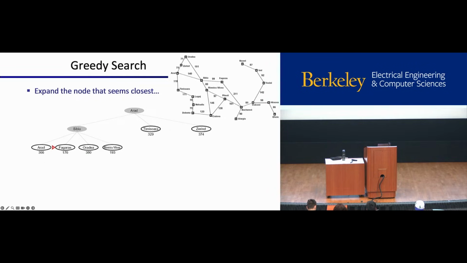We're going to first look at this one, Fagaras, which has 176 as its heuristic cost. So we'll expand that, and we see that the two nodes, we go back to Sibiu or we go to Bucharest, right? And Bucharest has a heuristic cost of 0.